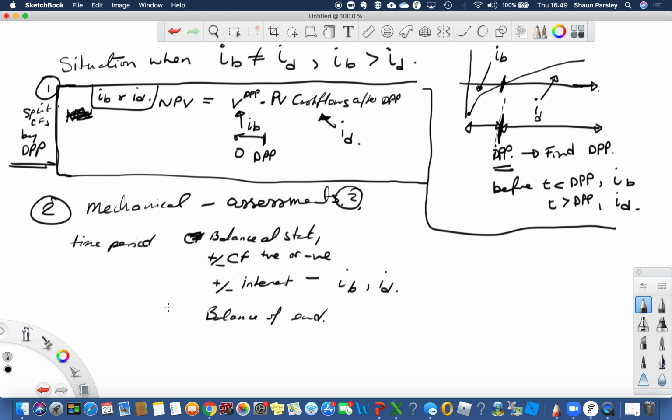So we go through, and that will eventually give us the accumulated profit. And then obviously we can discount that back to 0 if we so wish.